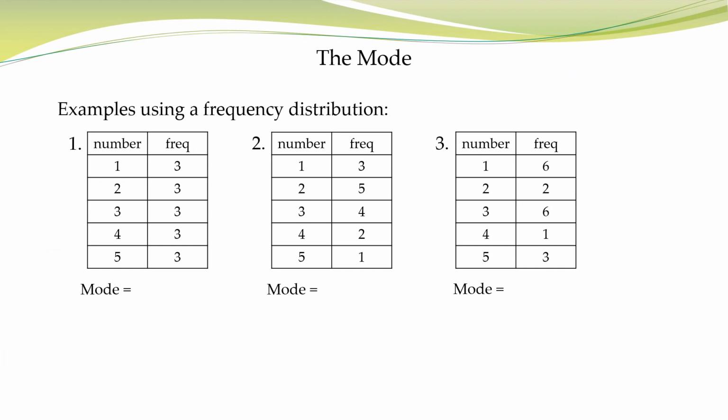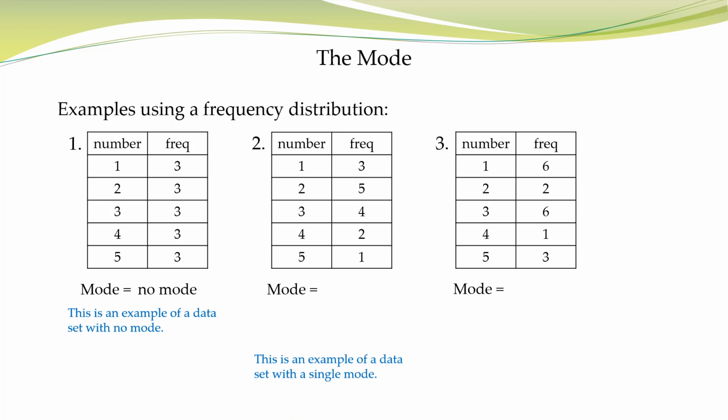So some examples. If we look at example 1 here, this is an example of a data set with no mode. If you look, every number occurs the same number of times, 3. So our answer would be no mode. Now example 2. This is an example of a data set with a single mode.